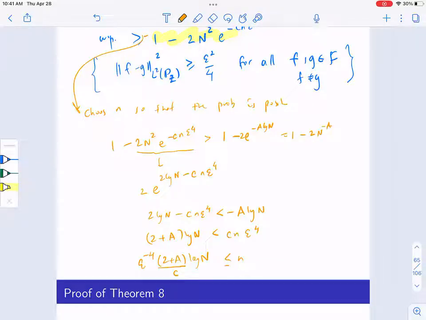Right, for sufficiently large n, this is going to go to zero. So let's say take A to be like 8. So this is going to be positive, right?